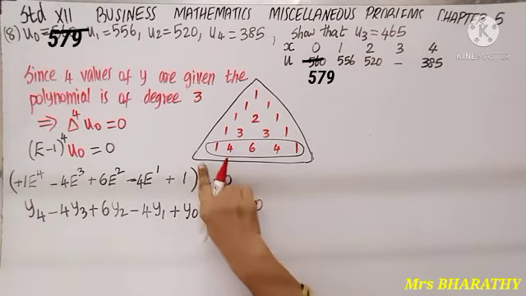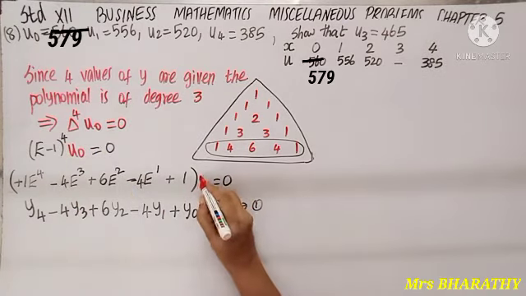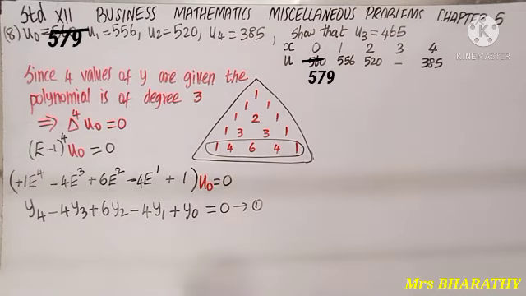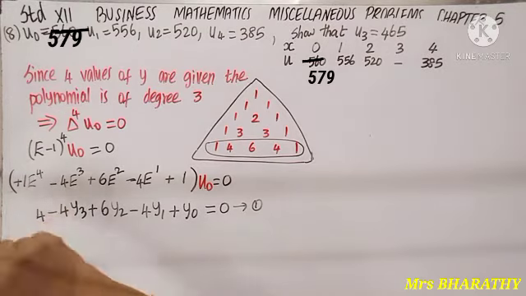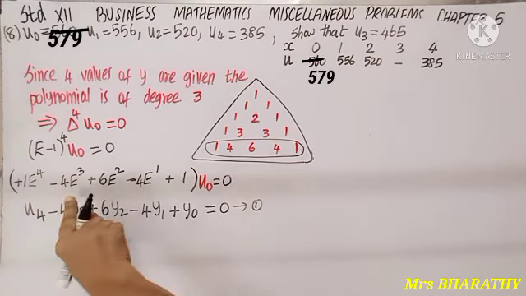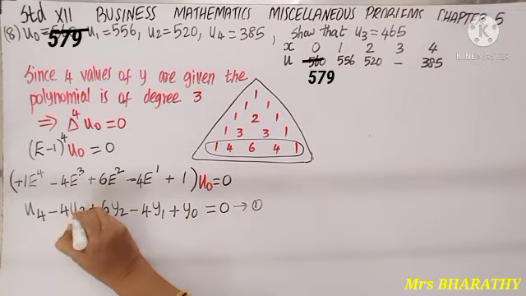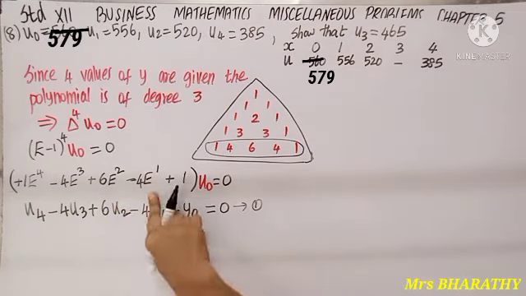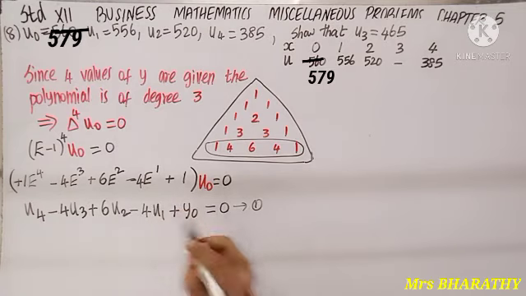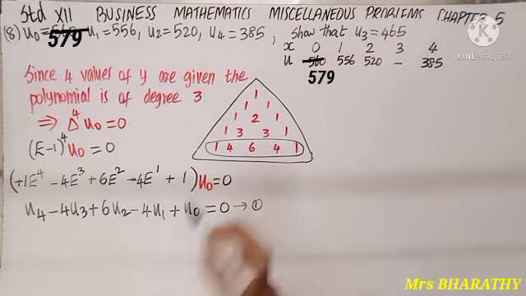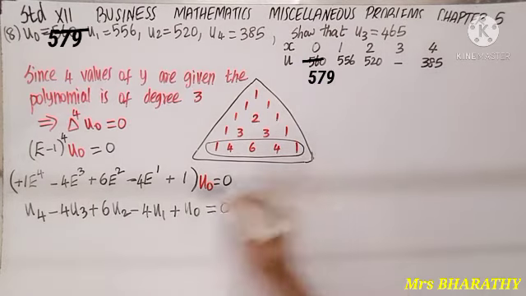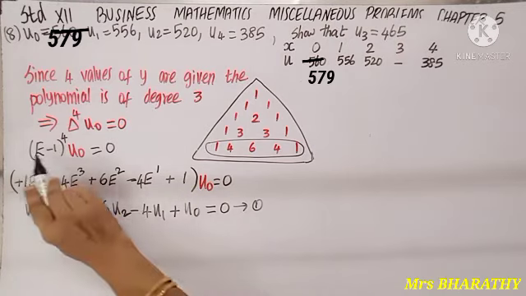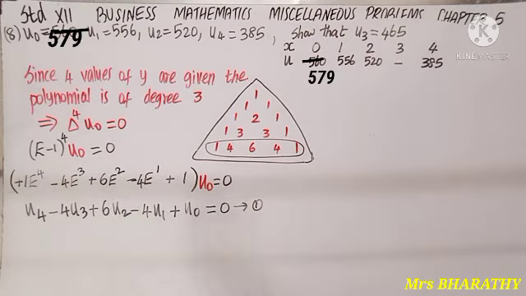As I expand, wherever y comes, let us write down u0. So the equation will now become u4, y3 I just write u3, y2 is u2, y1 is u1, and y0 I will write u0. So the expansion from this Pascal's triangle we have written for E minus 1 the whole power 4.